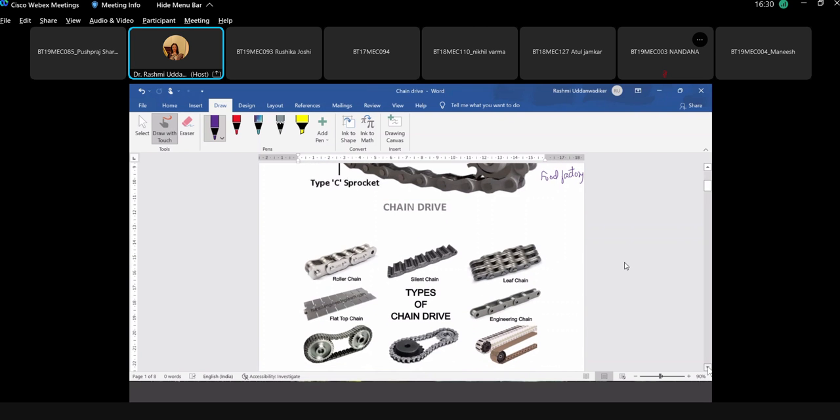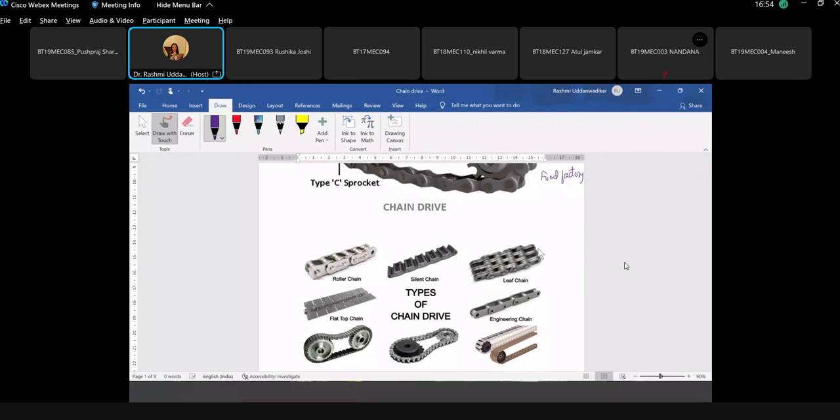These are different types of chain based on the design. The most common one is this roller chain. This is what exactly you have seen in bicycles or in motorbikes. So this is a roller chain. With little modification in the design, this is known as silent chain. Here the noise would be considerably less as compared to the roller chain.